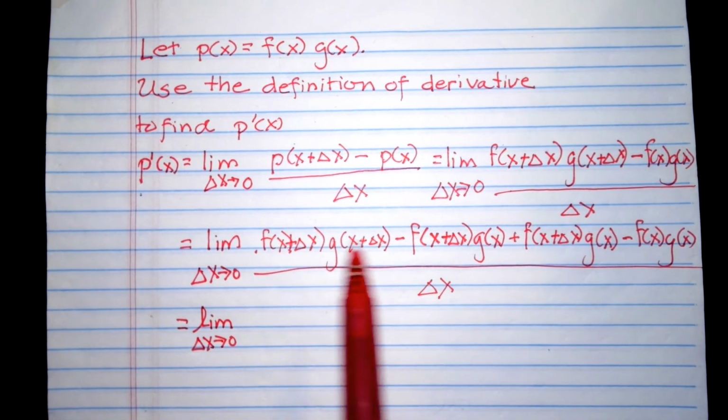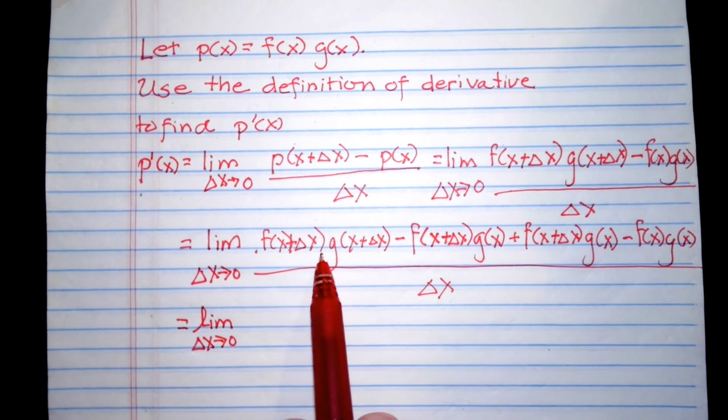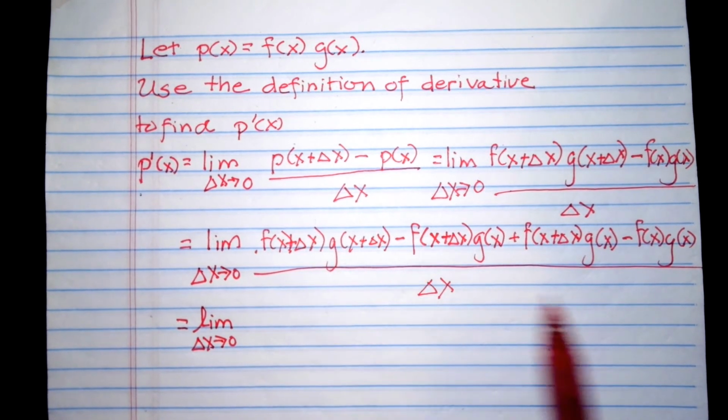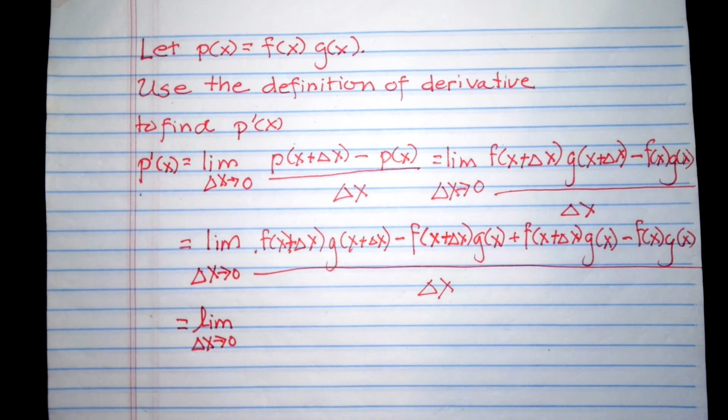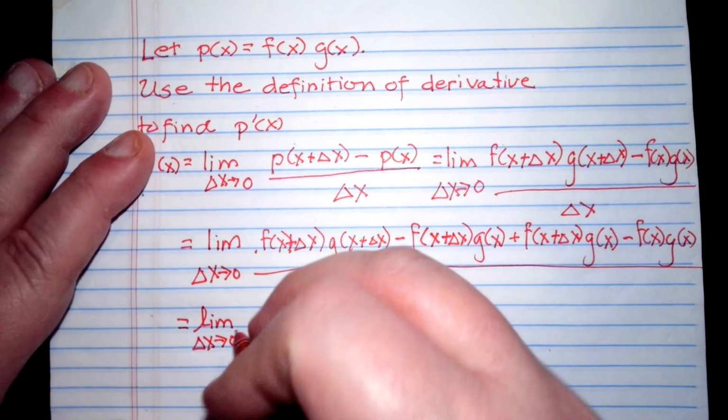Notice that there is a common factor of f of x plus delta x in these two terms, and there's a common factor of g of x in these two terms. I'm going to make use of that. I'm going to take those out as common factors.